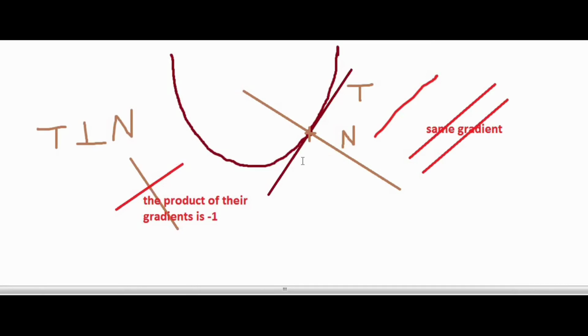That means if the gradient of the tangent is m1 and the gradient of the normal is m2, then m1 into m2, the product of the gradients, is equal to -1.